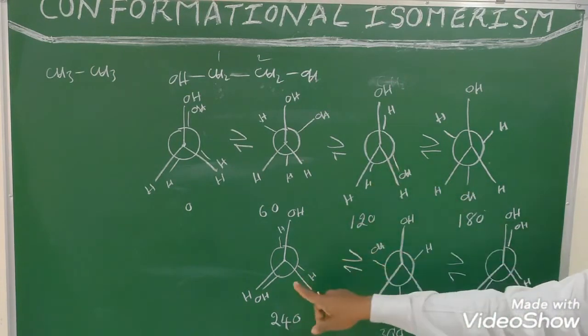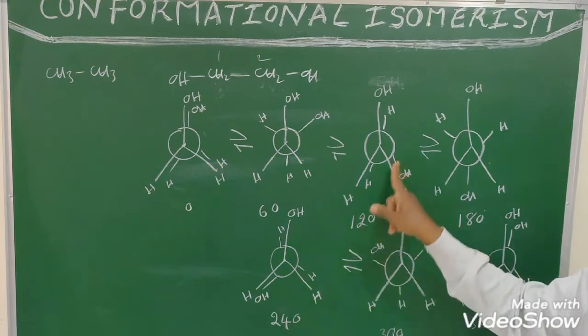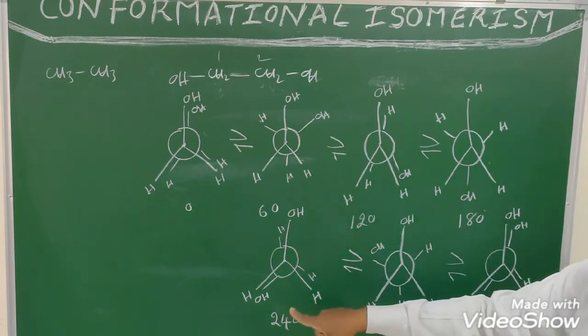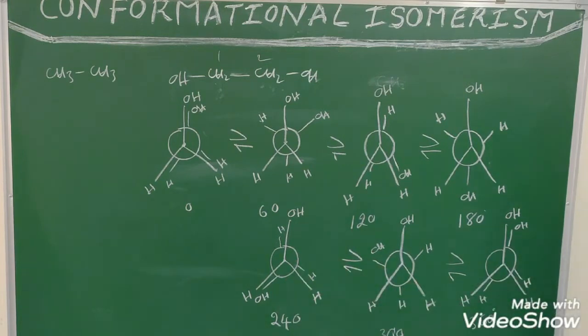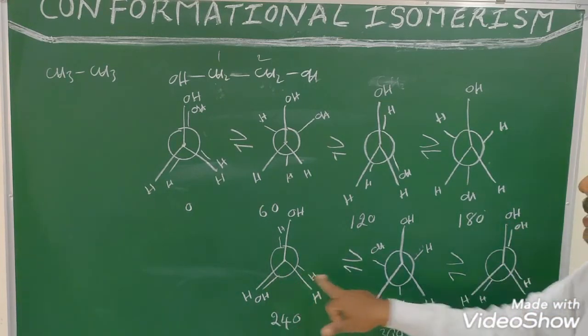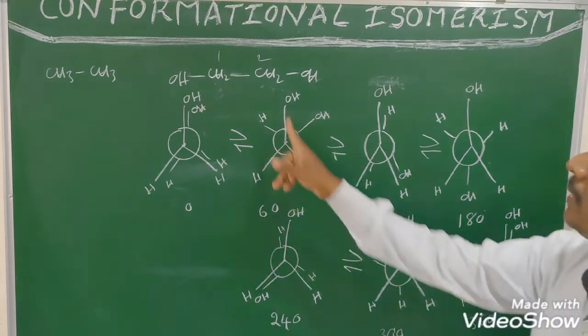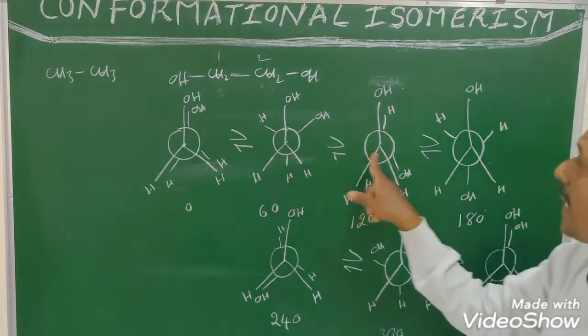That means these two are the same conformations. These two are partially eclipsed conformations. Repetition occurs. It is the Gauche conformation. It is fully eclipsed. That means after 180, repetition of conformations occurs. So ethane diol has 4 main conformations.